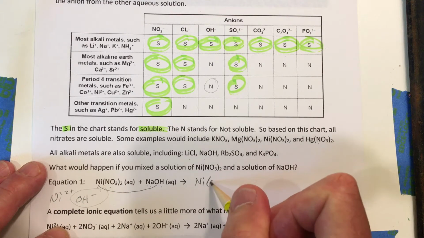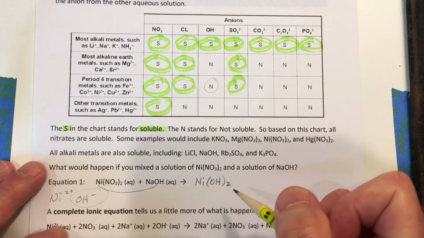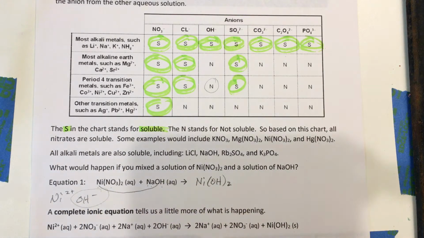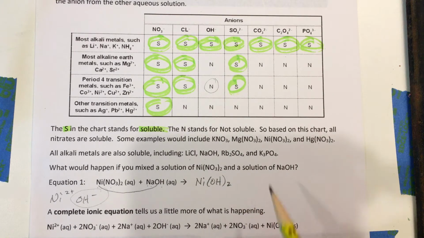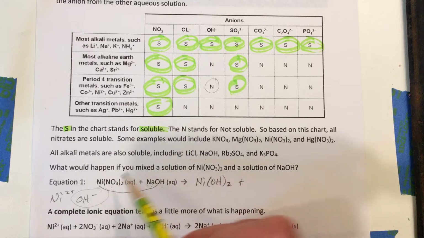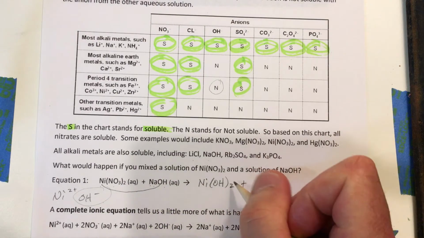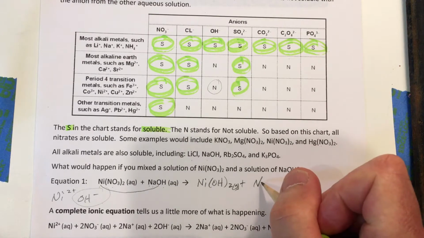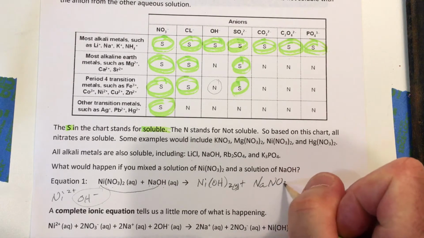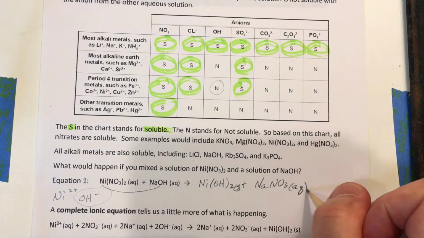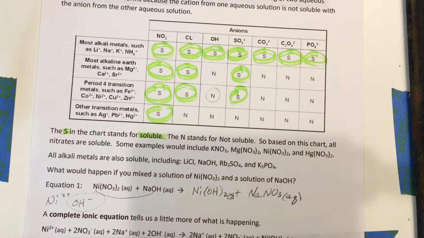So Ni(OH)2. Okay, so 2 negative 1s to go with 1 plus 2. So what's left? What's left is the sodium and the nitrate. And this is a solid here, by the way, so I need to write S. And then NaNO3 is the aqueous ions, the ions that are dissolved, that haven't formed a precipitate.